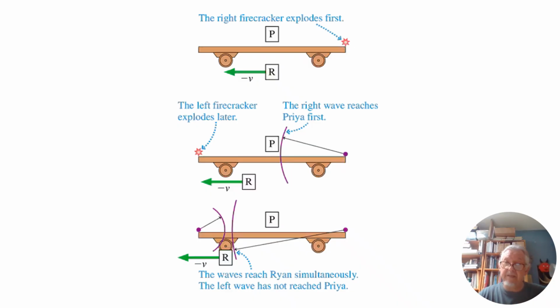So it's happening later and has less to travel. The wavefront from the right and the wavefront from the left had different distances to travel, but they reach Ryan simultaneously.